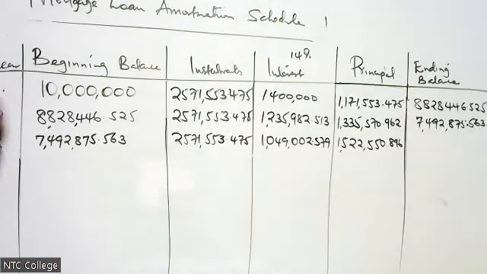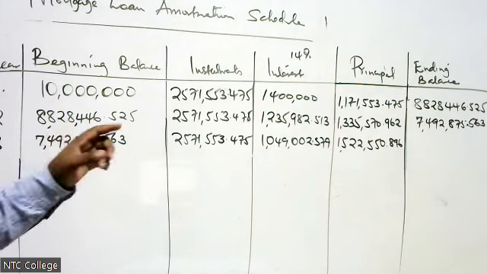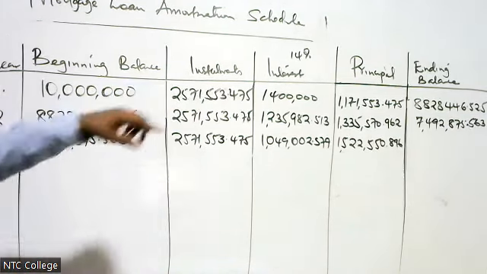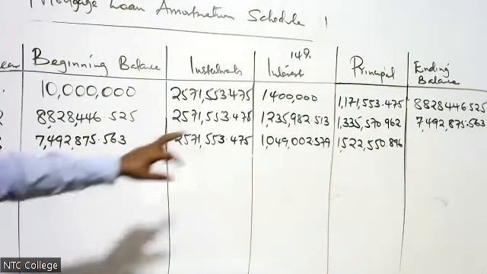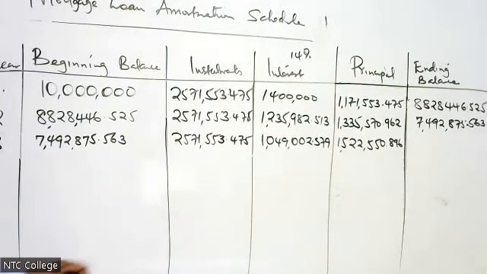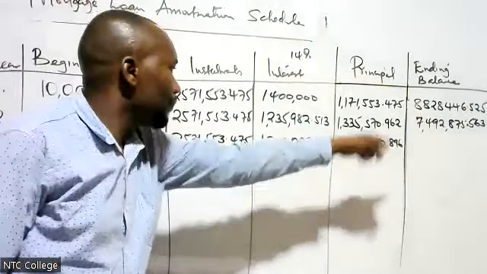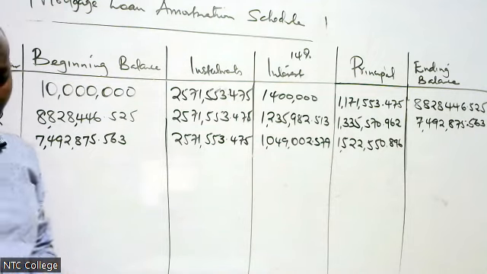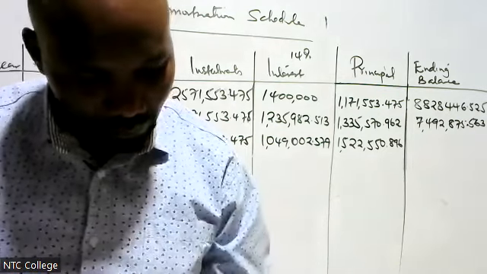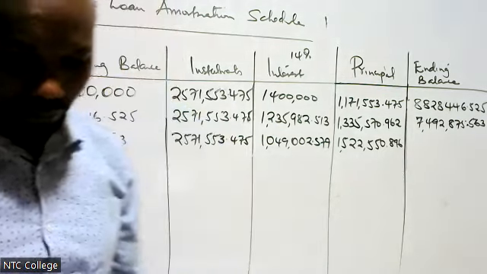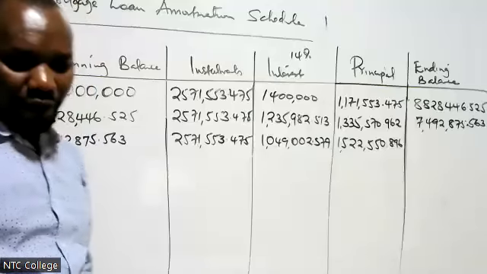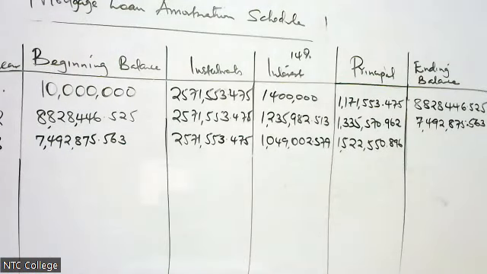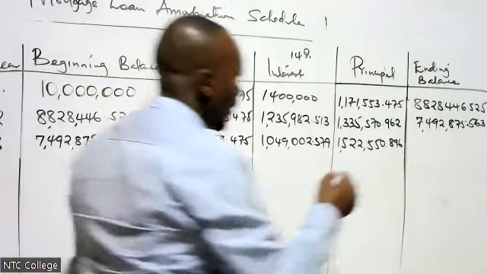Okay. Now, Florence wanted to give me the balance now. The end should be 600. 7.4 minus 1.5. Now get me. This one minus this. Napata ngapi? 5,970,000. 970,326.